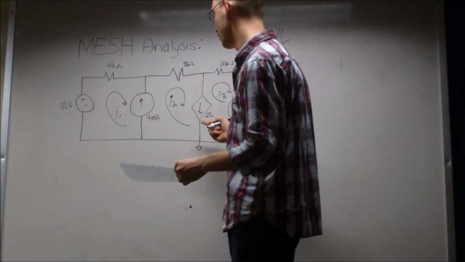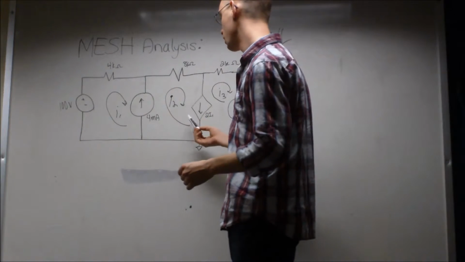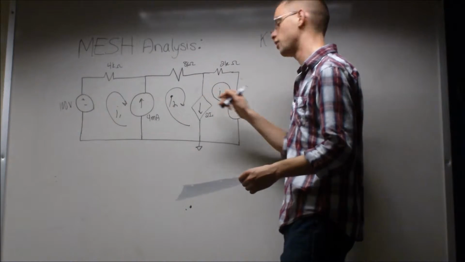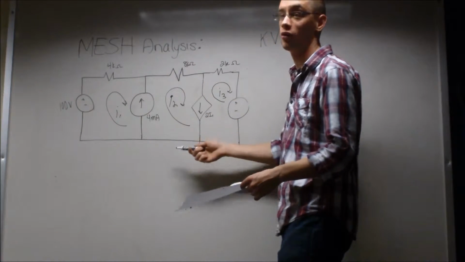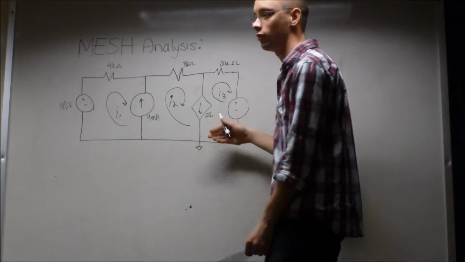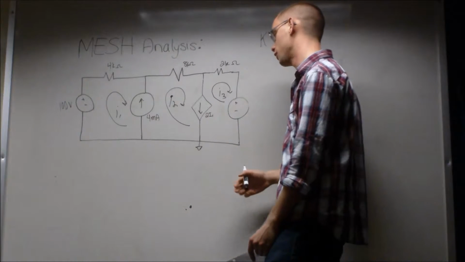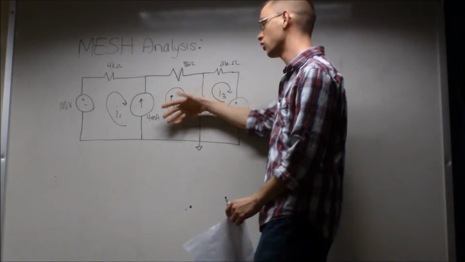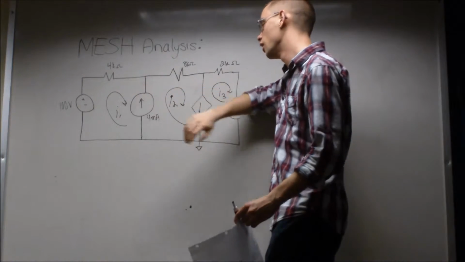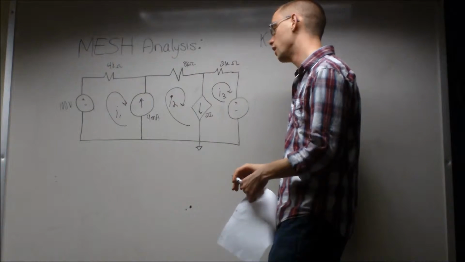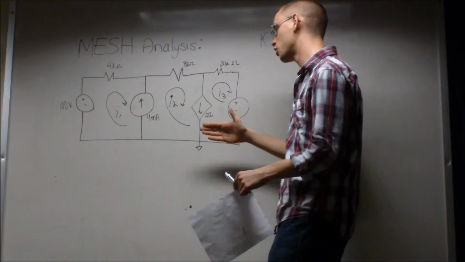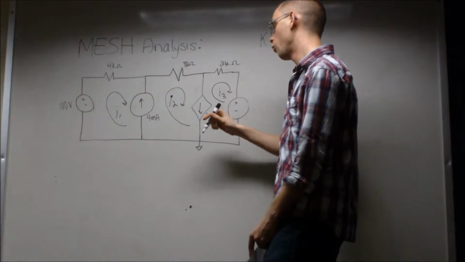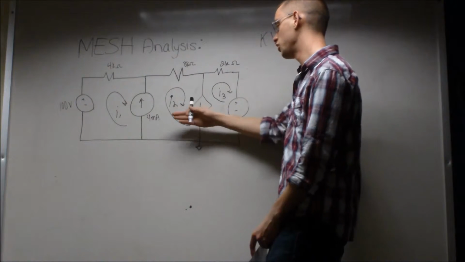Basically, a SuperMesh is something that you need to implement whenever you have a dependent or independent current source. And we have both. What you're going to want to do when implementing a SuperMesh is ignore the individual current sources, pretend they weren't there for a moment, and imagine what you would do when identifying the loops once these sources were removed.